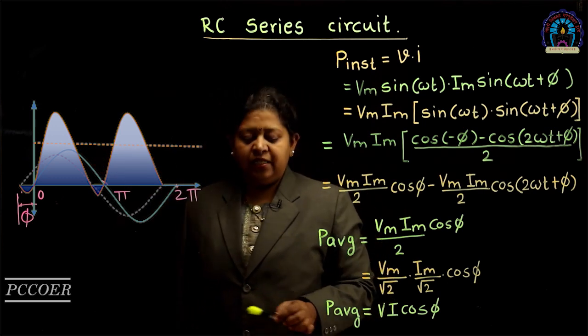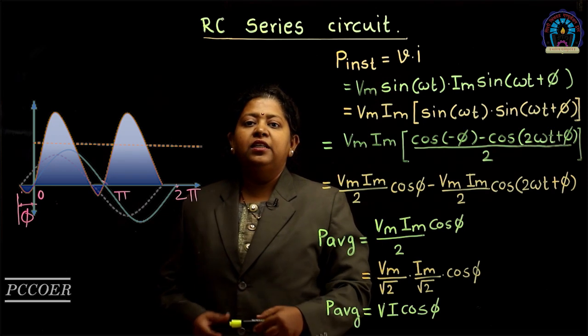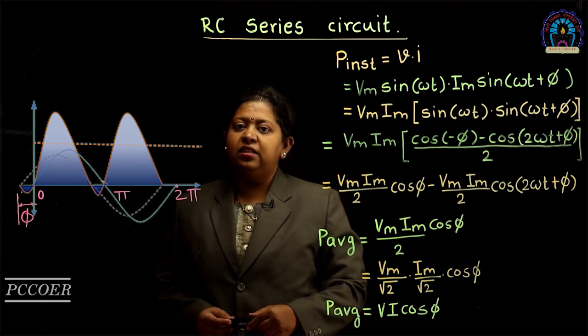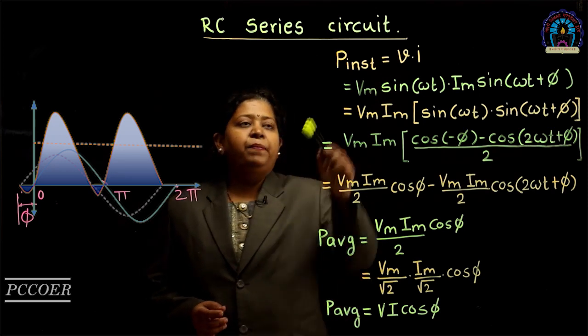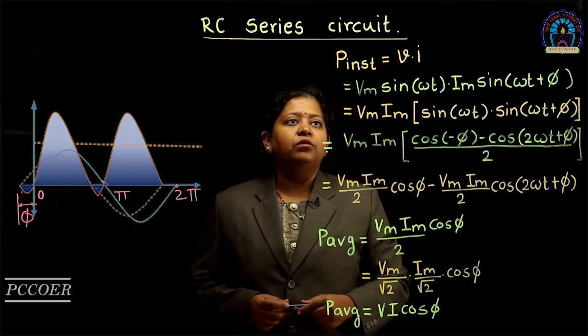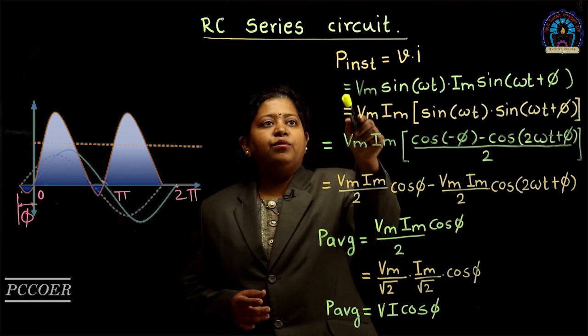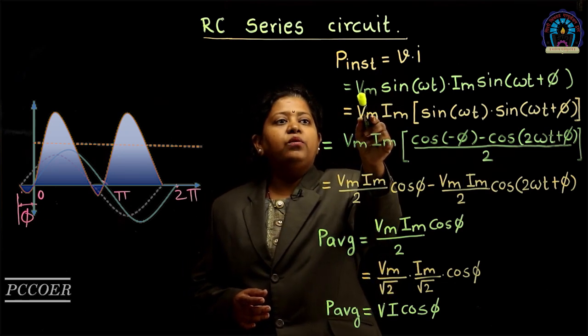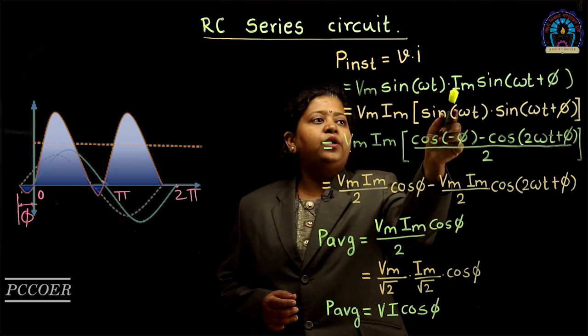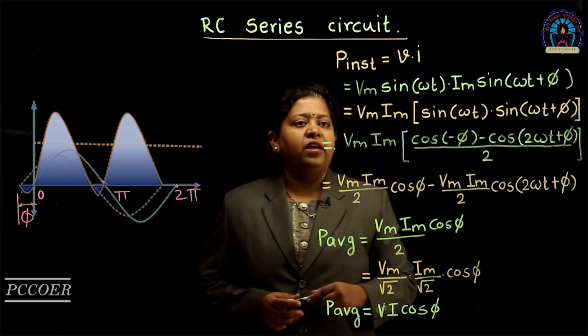We have to find out the mathematical expression for this instantaneous power and the average power. P instantaneous is given equal to the product of instantaneous voltage and current. So, P instantaneous is equal to Vm sin omega t into Im sin omega t plus phi.